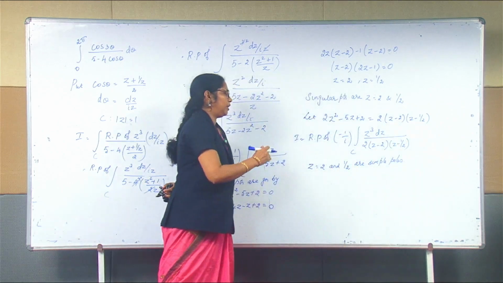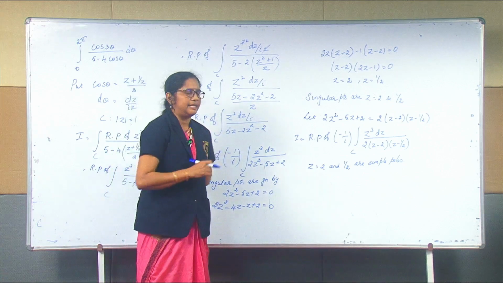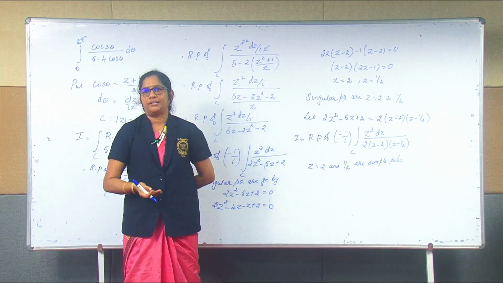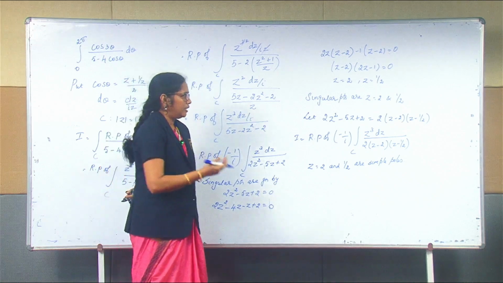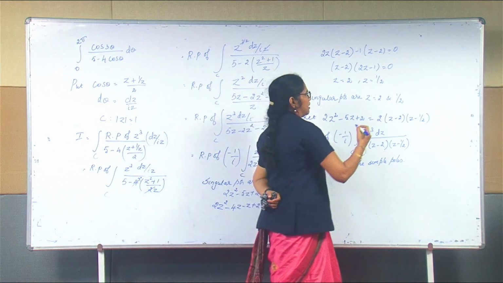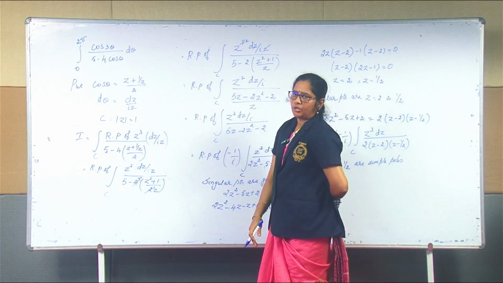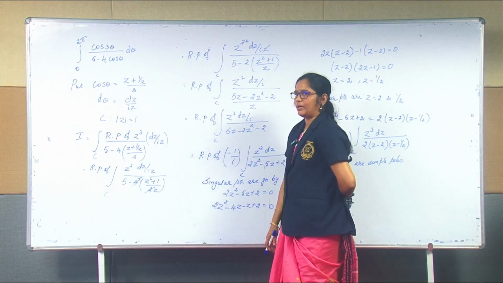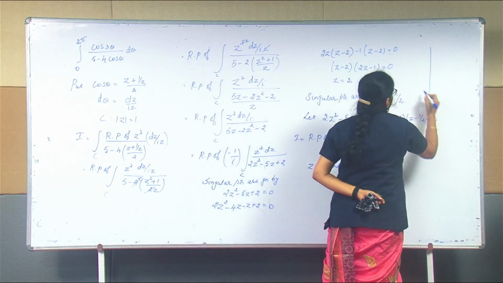After identifying the nature, we need to check whether these simple poles or singular points lie inside the given circle or not. Again we come to the region. Our region is modulus z equal to 1, which means it is a unit circle.